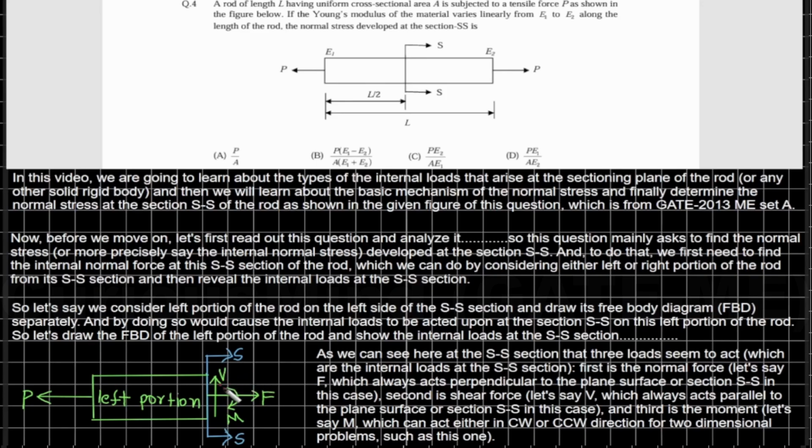First one is the internal force, which resolves into shear force and normal force, and second load is the moment. All right, and the shear force and normal force are kept perpendicular to each other for the shear stress and the normal stress evaluation purposes.